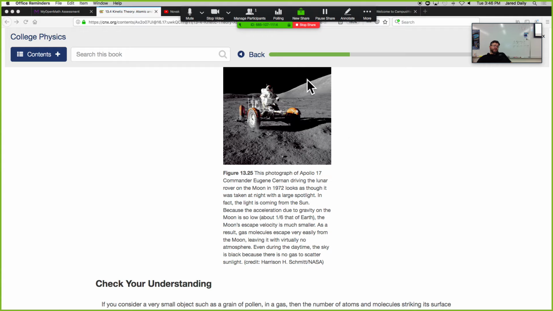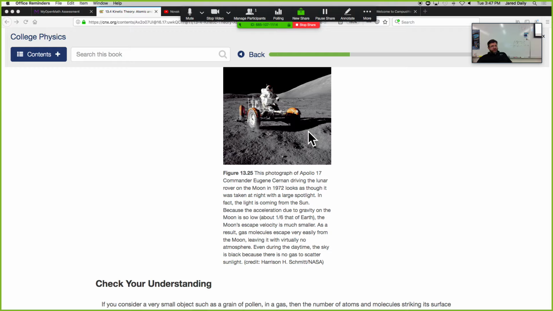Here they're showing the Apollo 17 moon buggy, which is kind of cool. But there's no atmosphere on the moon because the escape velocity from the moon is very, very low. You don't have to be going very fast at all to get away from the moon as far as gases are concerned.